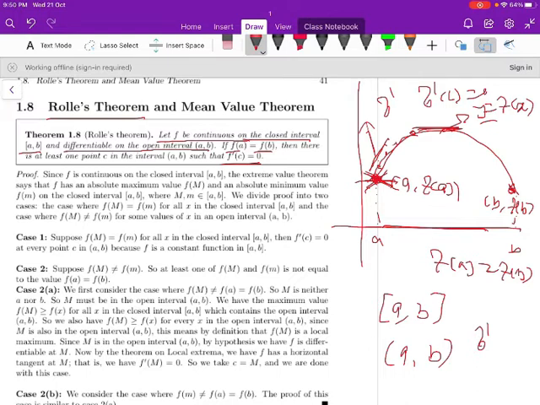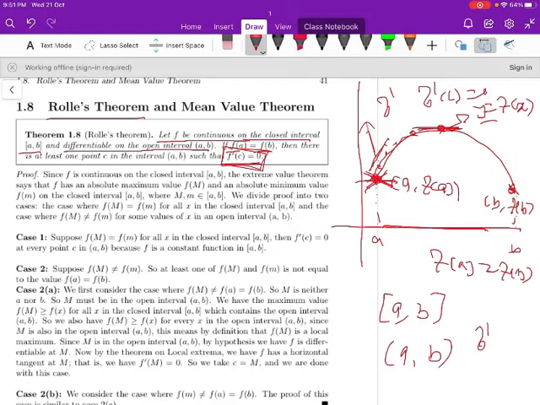So if all three conditions hold, the function is continuous, the function is differentiable in the open interval (a, b), and f(a) is equal to f(b), then there is at least one point c in the open interval (a, b) where f'(c) is always 0.